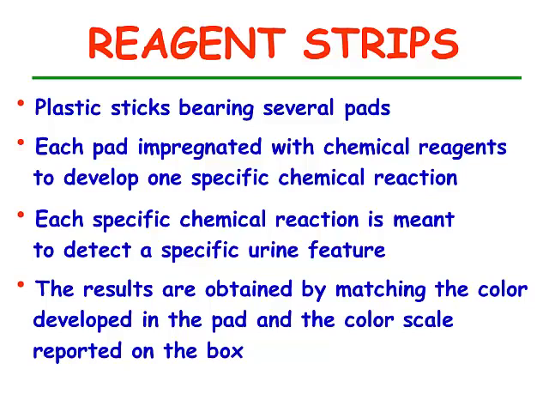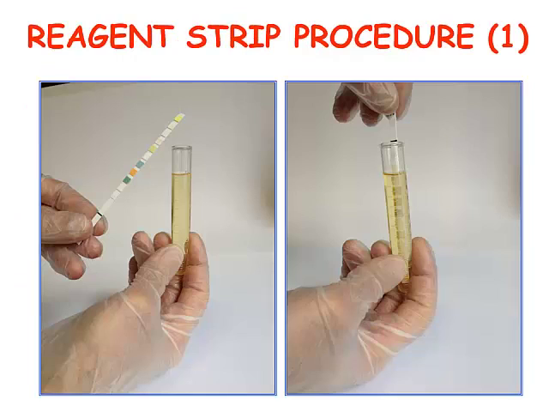And each specific chemical reagent develops a chemical reaction which is meant to detect a specific urine feature. The results are obtained by matching the color developed in the pad with the color scale reported on the box. You cannot see here, but I will show you some slides with the full spectrum of colors.